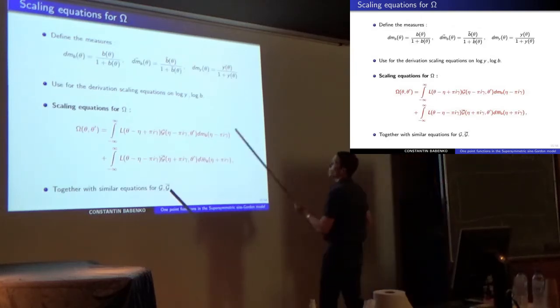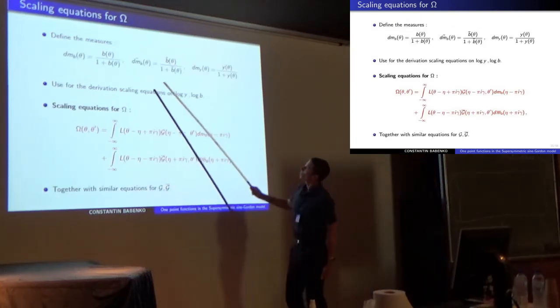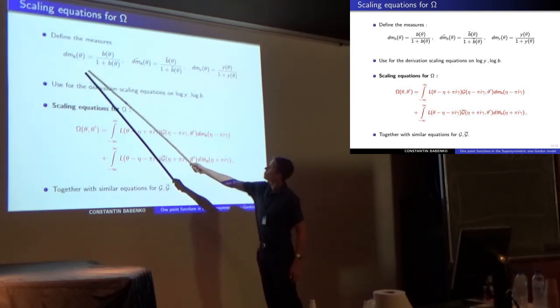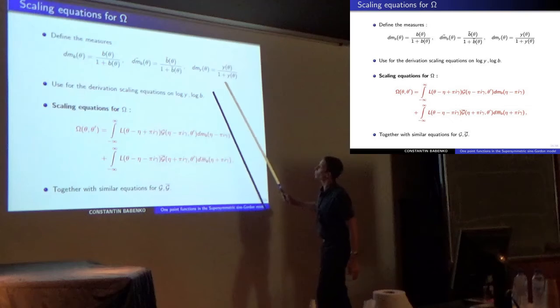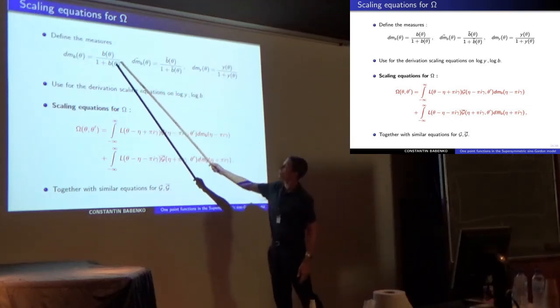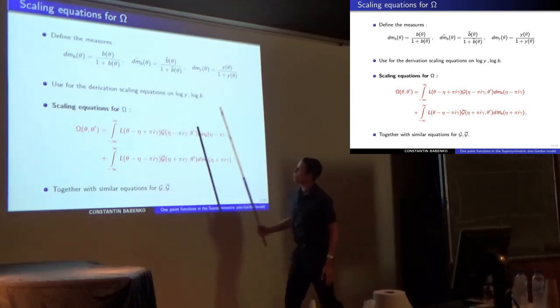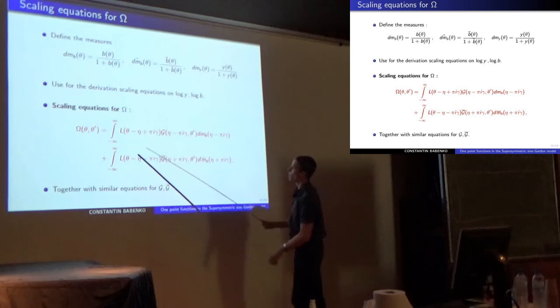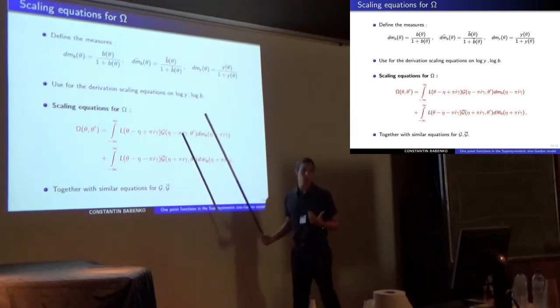So it's written here. First we need to define these three measures built of these two functions b and y, dmb, dmb bar, and dmy, which have all the same structure, basically b over 1 plus b. And the scaling equation on the function omega is written here. Inside you have L, which is this simple kernel.